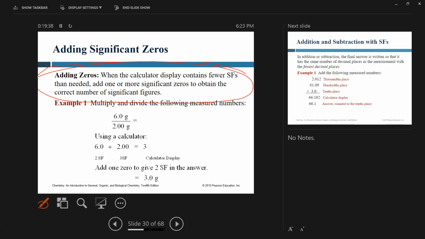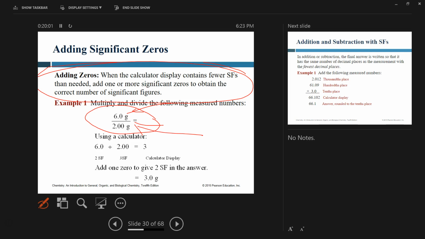Now, in this written expression, how many significant figures do you have here? 2. Oh, that's division. How many significant figures here? 3. If you multiply it, you're fine. Number 12 has 2 significant figures. You're good.